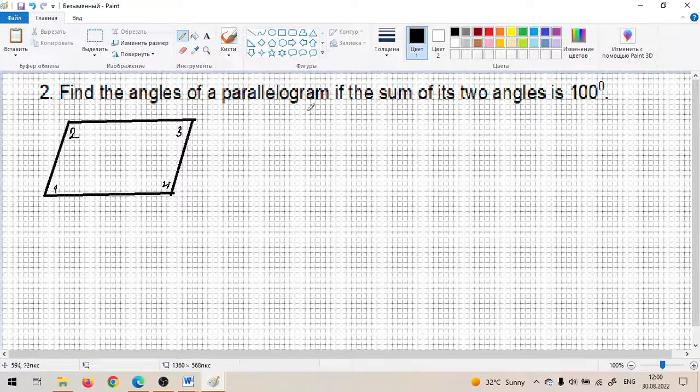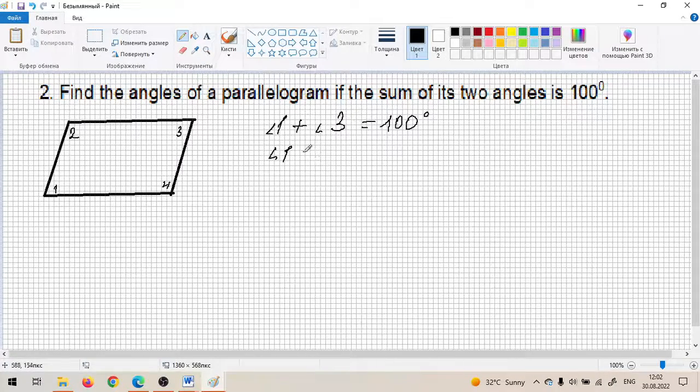So angle 1 plus angle 3 are 100 degrees. These angles are equal, so to find each one, we should divide 100 by 2.